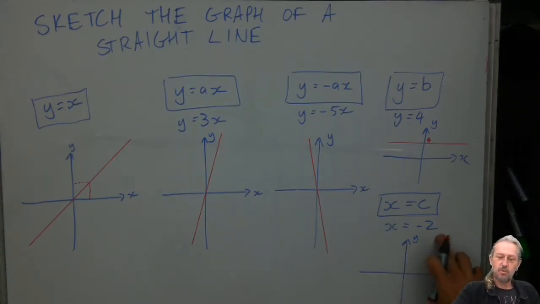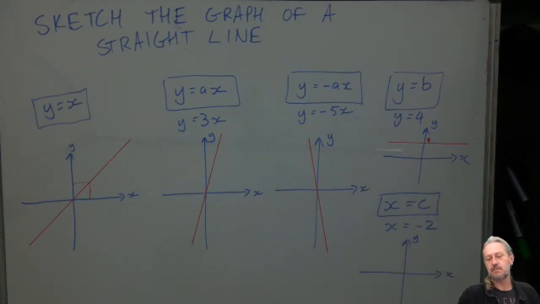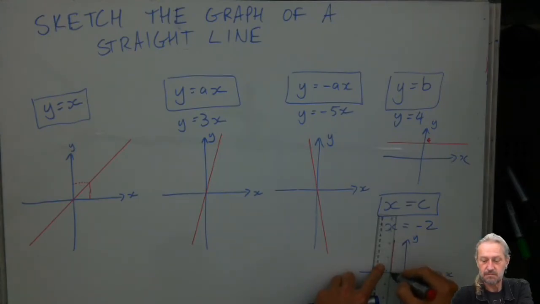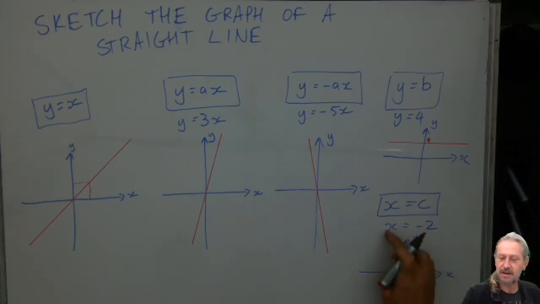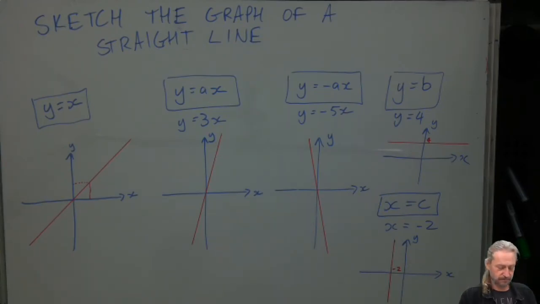For this example, x equals some constant number. Here they've used x equals -2. This is essentially a vertical line because no value of y is going to change the fact that x is going to be -2.